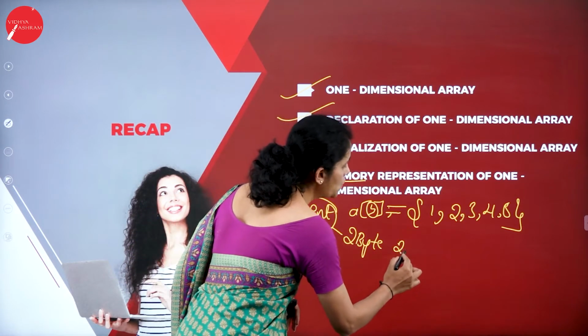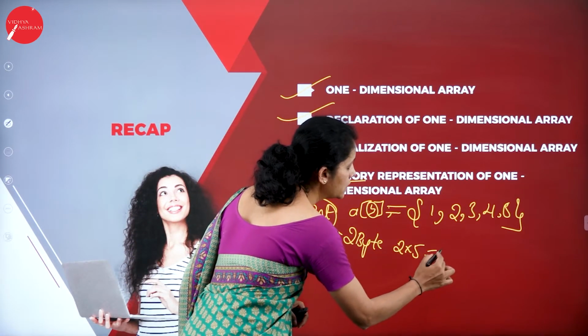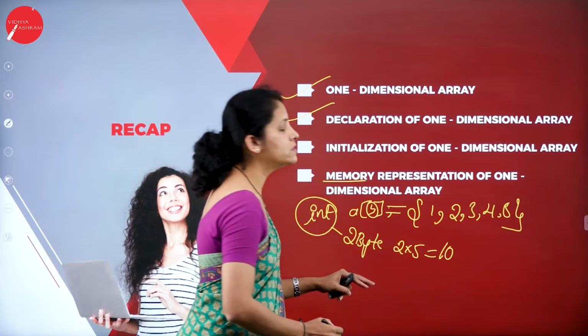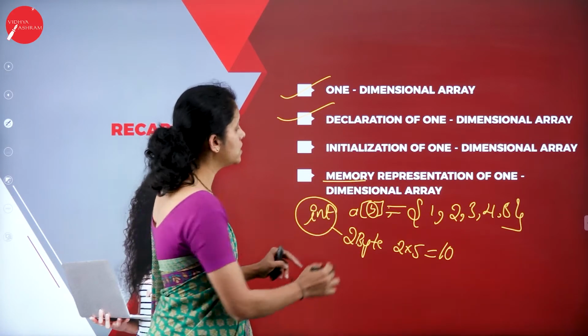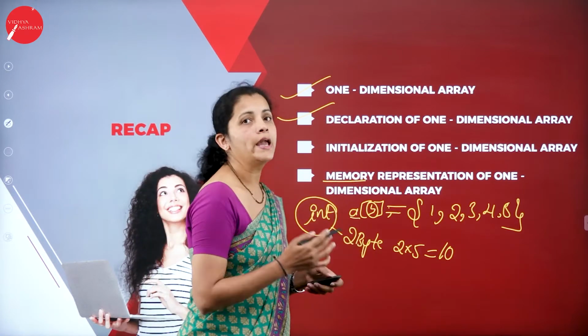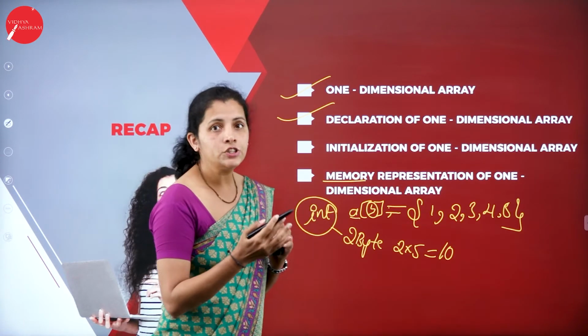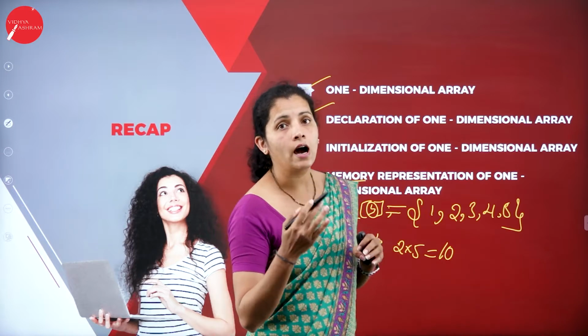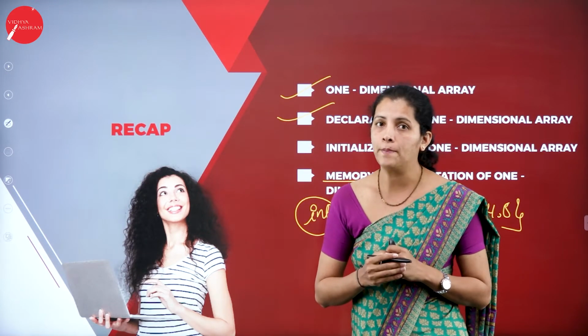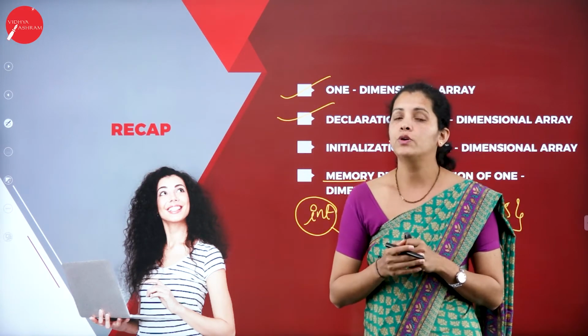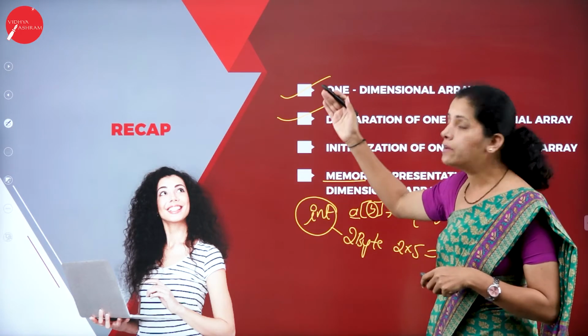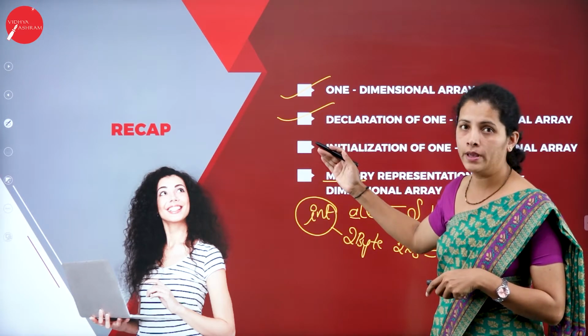So here 2 into 5, total 10 bytes of memory are reserved for this array A. This is the way I can initialize and declare the arrays in my program. And from the examination point of view, these are very important topics.